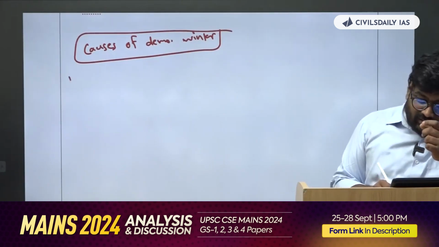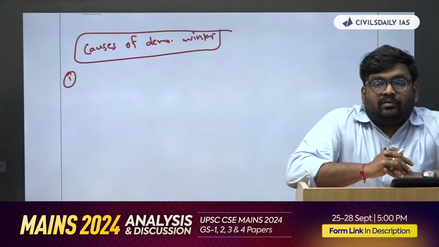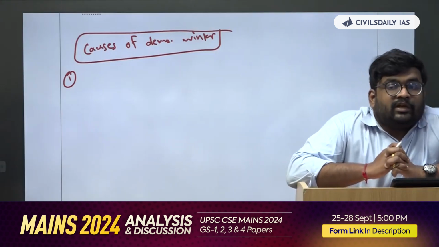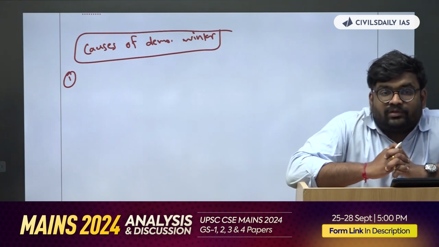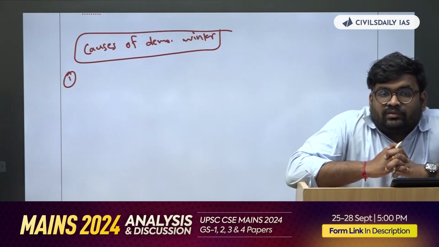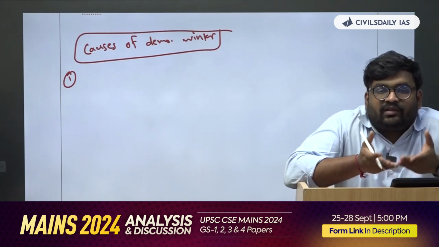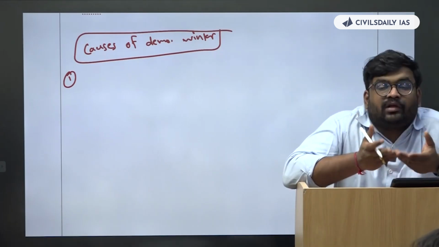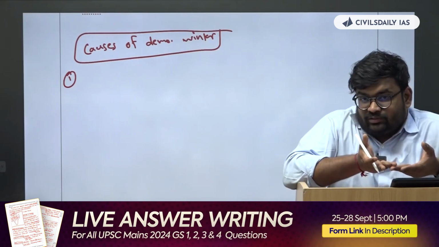First, here you apply, what framework will you be applying? Stakeholder approach. Okay, who are the stakeholders? First stakeholder is the family. Second is the woman. Third is the government. Fourth is the old age population.